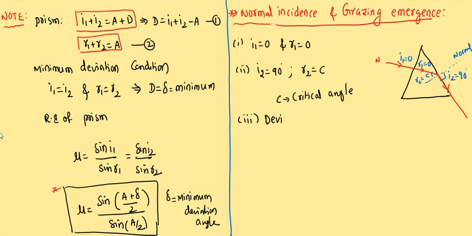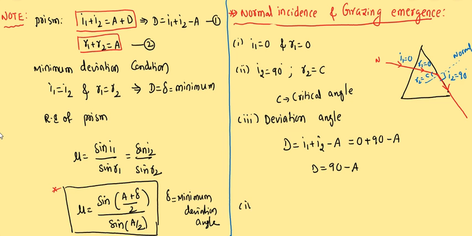Now the next one, write the third point right here. Deviation angle. In this case, what happens? The deviation angle formula is I1 plus I2 minus A. We write I1 is 0, I2 is 90, A. Then we will get the deviation angle as 90 minus A. And one more point, I will write the refractive index of prism. Refractive index of prism formula we know.